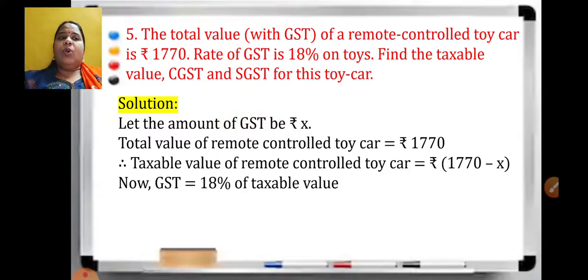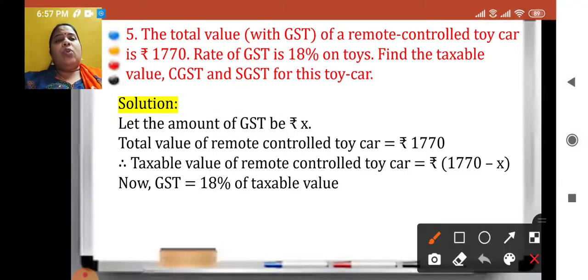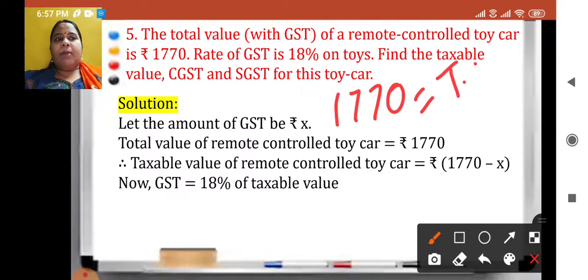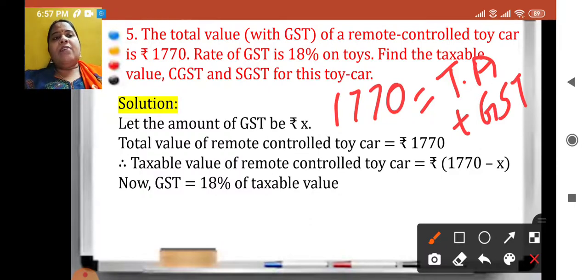Let the GST amount be X. Now the total value of that car is 1770. Now total value includes what? Taxable value, taxable amount. Yes or no? Plus GST. I hope you are understanding this. Total value is taxable amount plus GST.